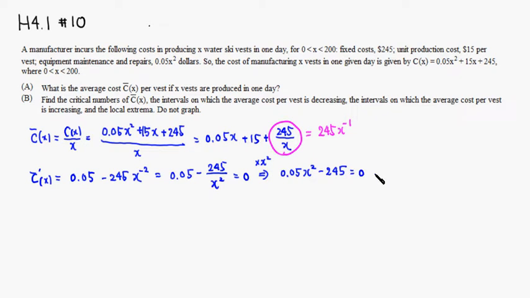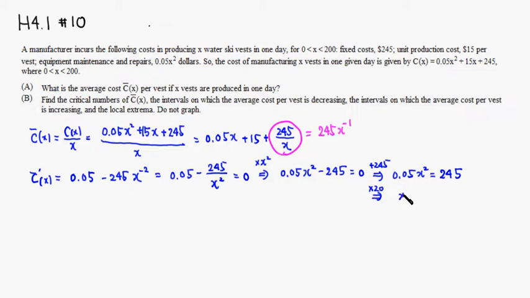Then we can add 245 to get 0.05x² equal to 245. In order to solve for x, I'm going to divide by 0.05, which is the same thing as multiplying by 20.